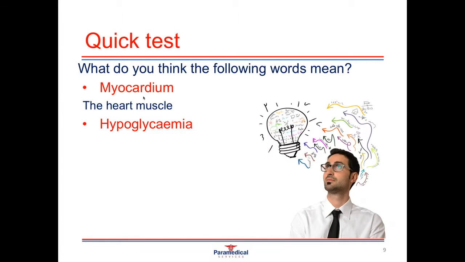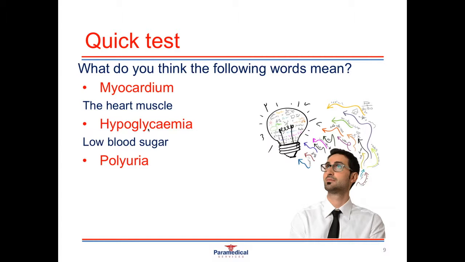Next is the term hypoglycemia. Hypo is a prefix meaning low. Glyce is a root word meaning sugar, and emia is also a root word meaning blood. So if we put those all together, it will mean low blood sugar.